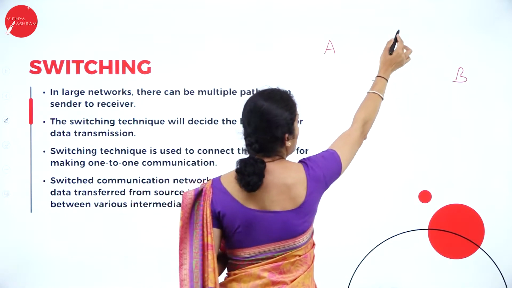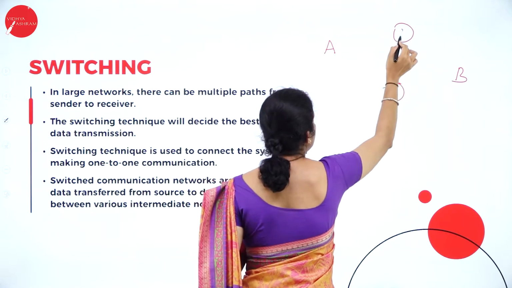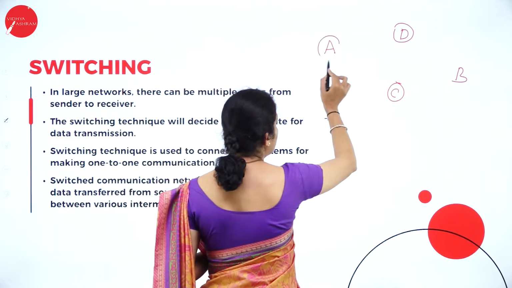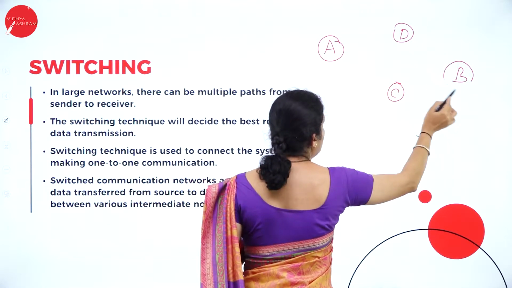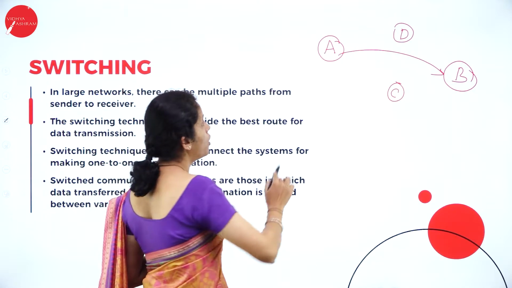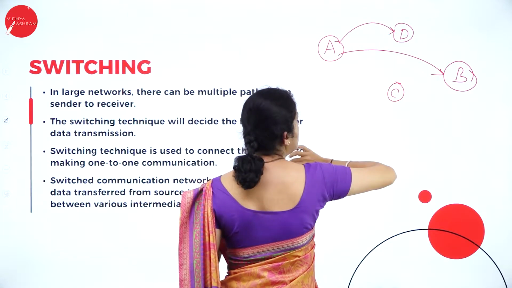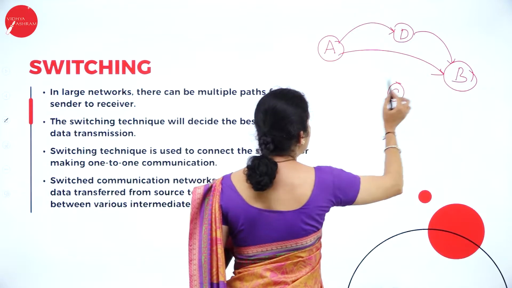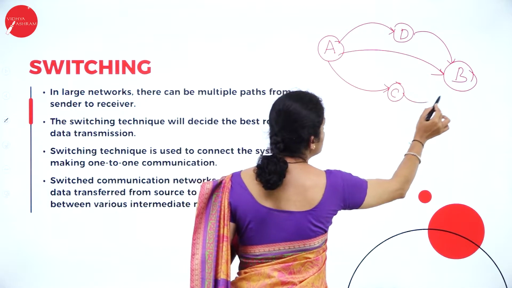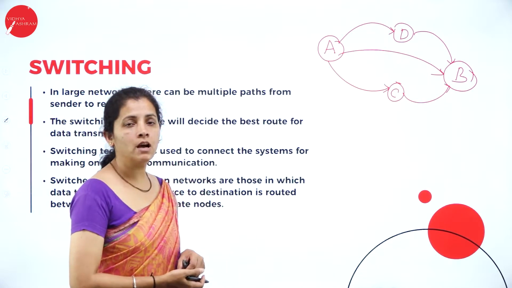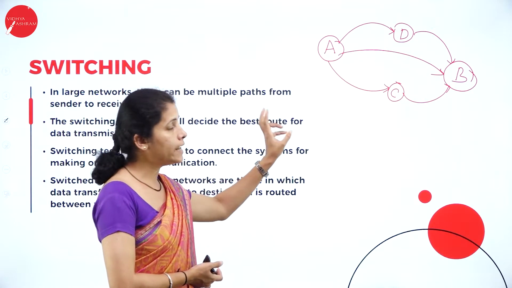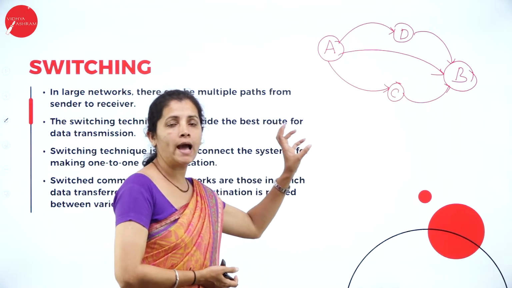In the middle, I'm going to have the intermediate nodes D and C. Now, to send the data from A to B, I can directly send, that is A to B, or I can send the data to D and from D to B, and another way, A to C, C to B. So how many paths do I have here? Total 3 paths, and I want to select the best path, and this is known as switching.